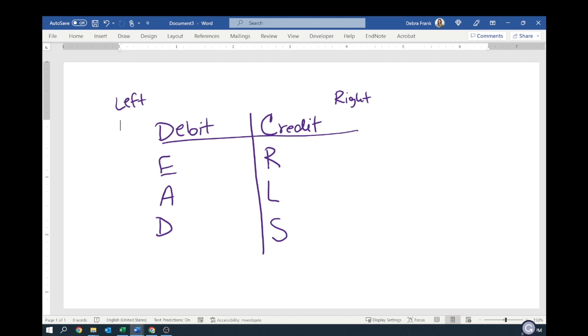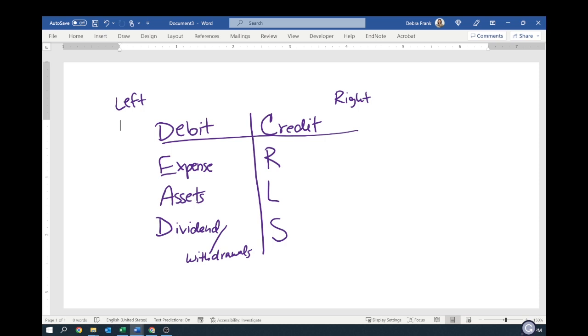And now we're going to define what's on the left side and right side. So the E is our expense. So that's our accounts that are expense accounts, asset accounts, and then dividends. And if you're in college accounting, it'll be withdrawals. So for the sole proprietorship, instead of dividends, the word is withdrawals.